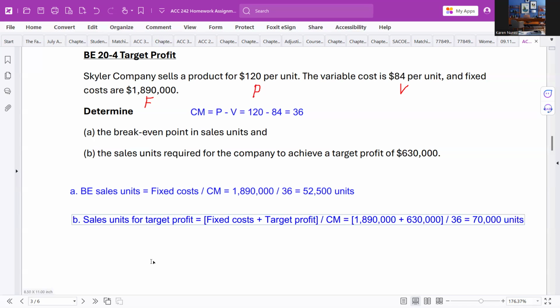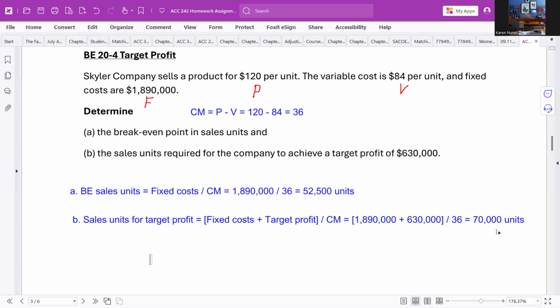When we sell exactly 70,000 units of product, then we generate a profit of $630,000. We do more than break even. So we break even, we cover the $1,890,000 when we sell 52,500 units. But if we also want to generate this profit of $630,000, we need to ramp our volume up to 70,000 units. So that's break even in units and our target profit, the sales units for a specified target profit.